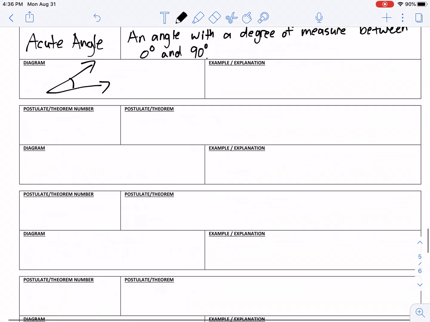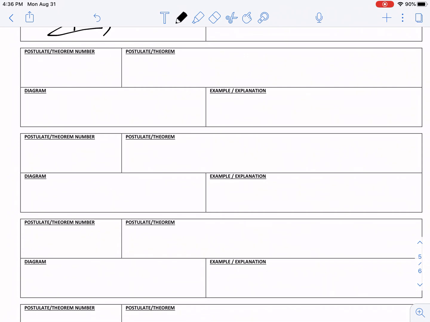So another type of angle we could run into is an obtuse angle and a right angle. Let's do right angle first, okay?